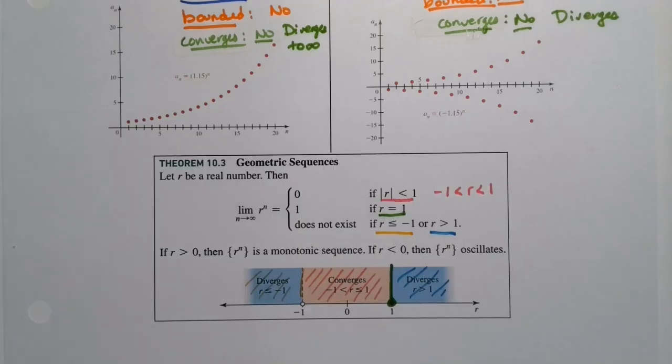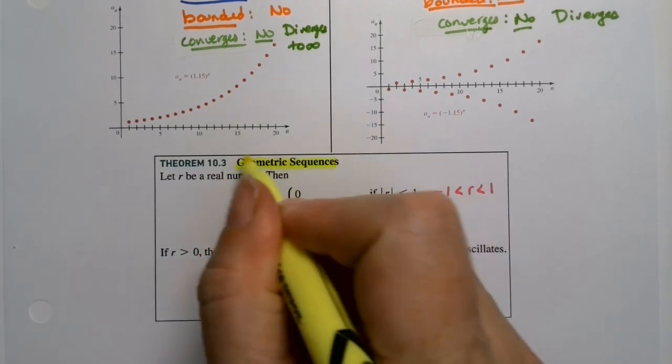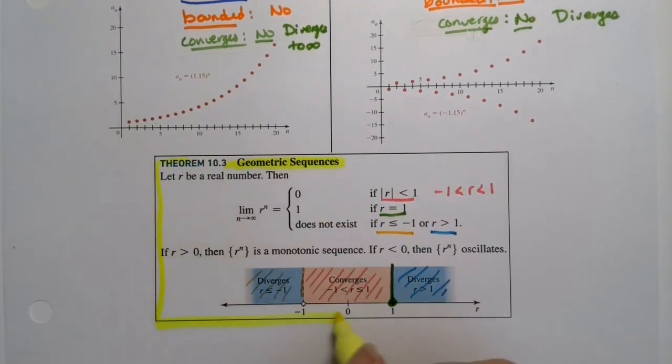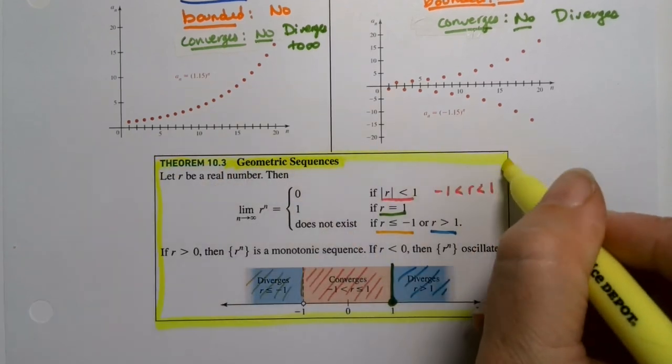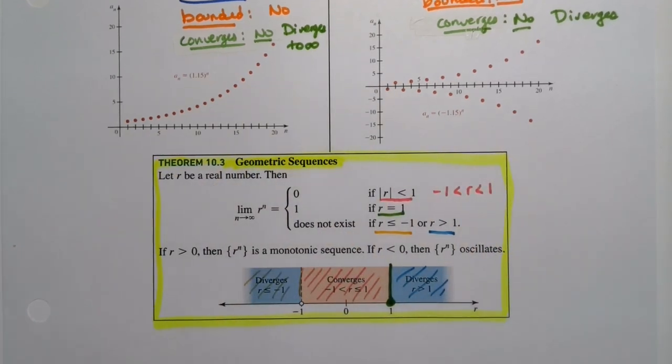All right, so this is a very important theorem. We're going to want to keep it in mind. This is a big deal, right? So geometric sequences, which occur when you multiply or divide, because realize that when you're multiplying by a fraction, you're technically dividing, right?